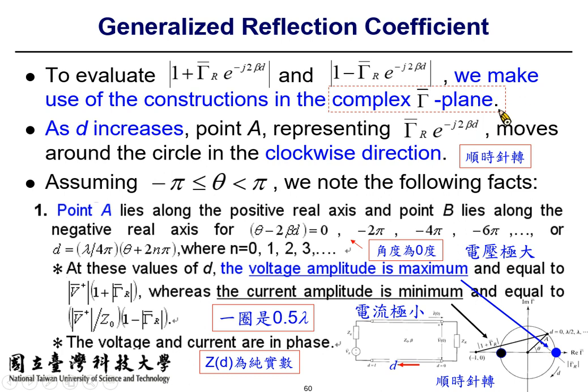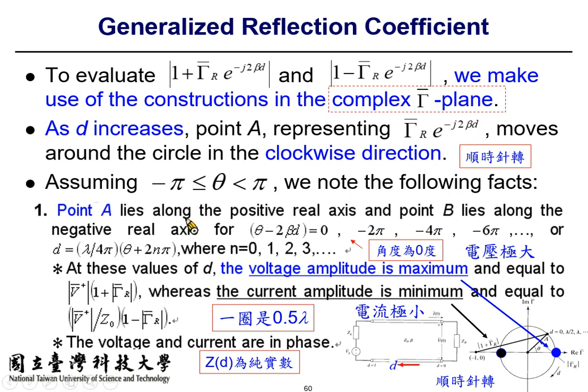All right, and so as the previous slide shows, we can illustrate the total voltage and total currents on the complex plane. And as d increases, the point A, which representing the reflection coefficient of gamma times exponential minus j times 2 times beta d, will move around the circle in a clockwise direction.